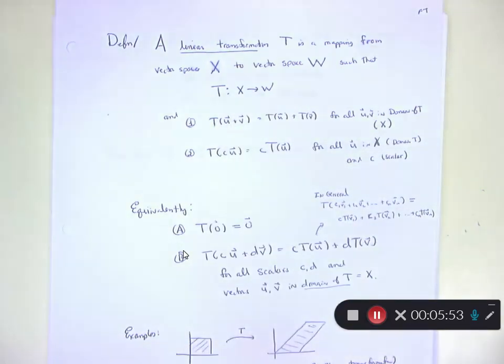So the first thing a linear transformation will do: when you apply a linear transformation to two vectors being added, that will be the same thing as applying the linear transformation to the first vector plus applying the linear transformation to the second vector. Okay? The second part of the definition of a linear transformation is what it does to constants.